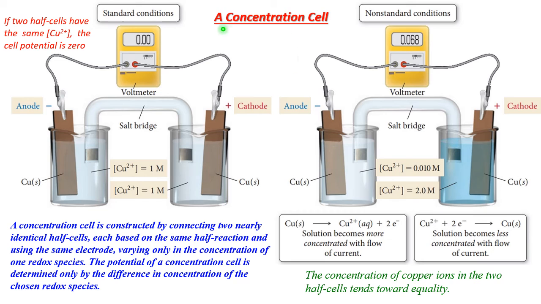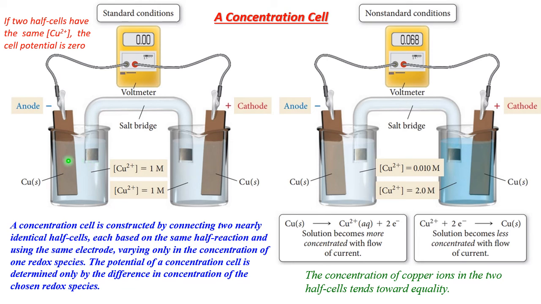Next example, concentration cell. Let's consider two exactly identical electrodes put in exactly identical solutions. So two half cells have the same concentration of copper and exactly identical copper piece.